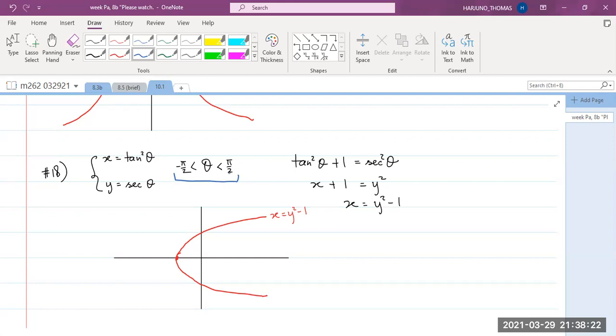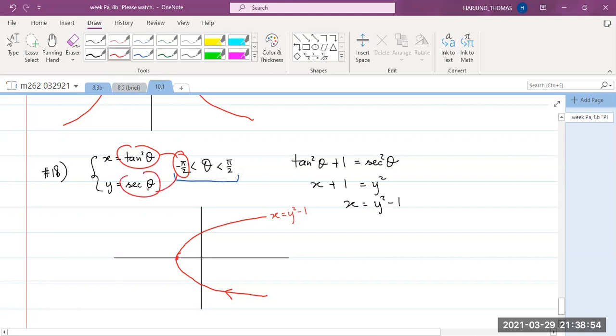The domain of theta is from negative pi over 2, so x is positive infinity, but the y is negative, so it actually goes in this direction. See, this is positive infinity for theta equals pi over 2, right? But secant theta is what?